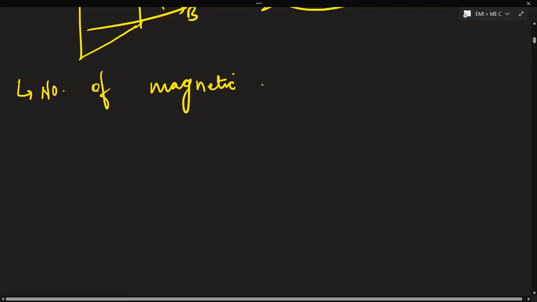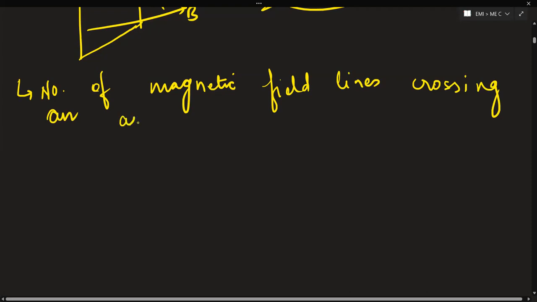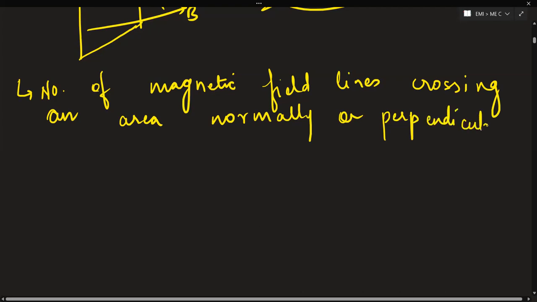So: number of magnetic field lines crossing an area normally, or perpendicularly. Perpendicularly means the same. You can keep this in brackets.